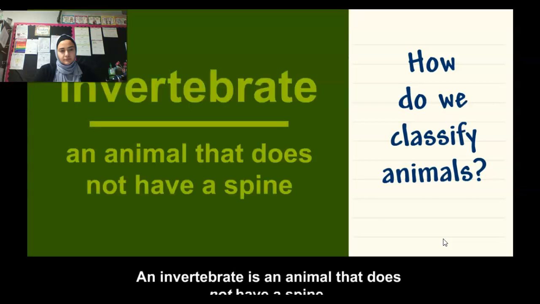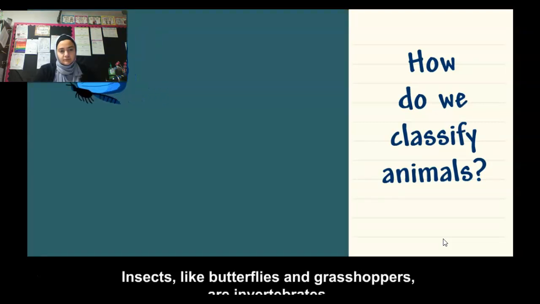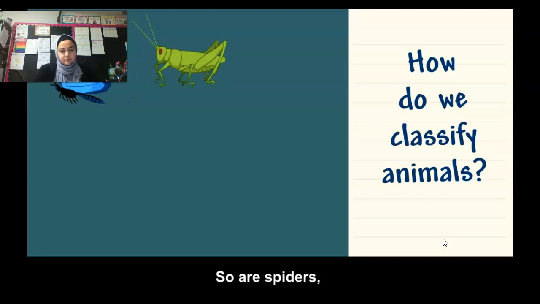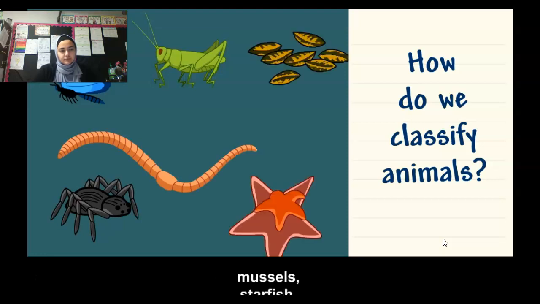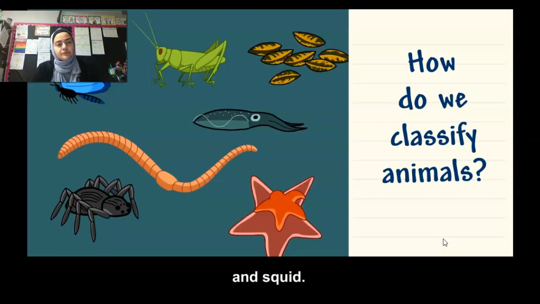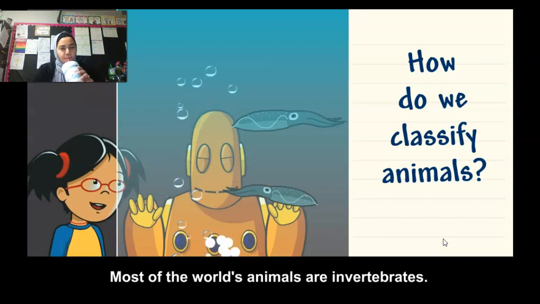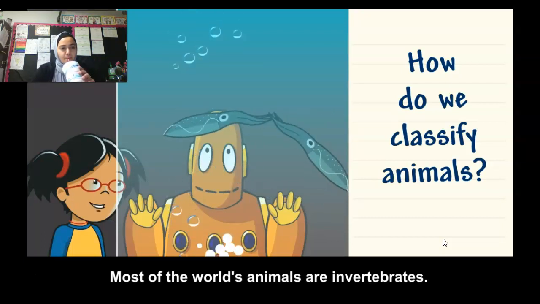An invertebrate is an animal that does not have a spine. Insects like butterflies and grasshoppers are invertebrates. So are spiders, worms, mussels, starfish, and squid. Most of the world's animals are invertebrates.